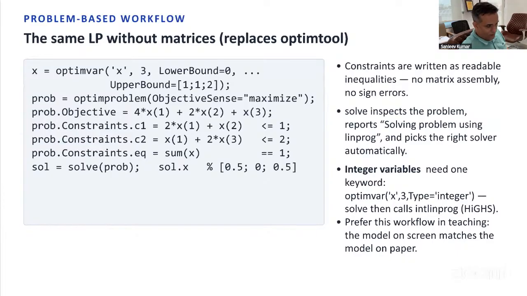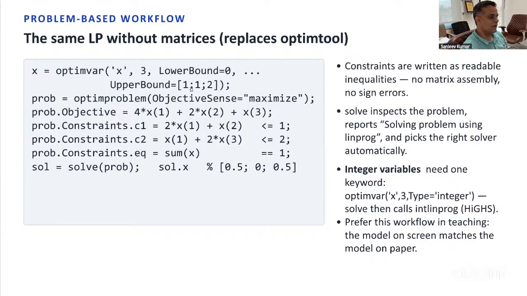We can have another workflow also, like Optimware, which is another way of solving the same problem, if you don't want to write those bigger matrices. That is the second workflow. I will call optimvar. Decision variables are in vector x, with the number of variables, lower bound, and upper bound.